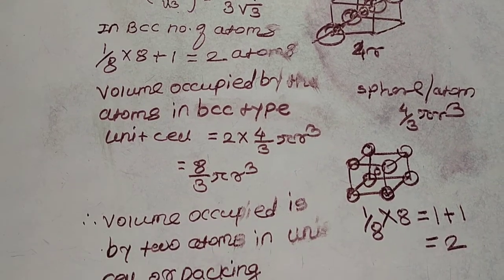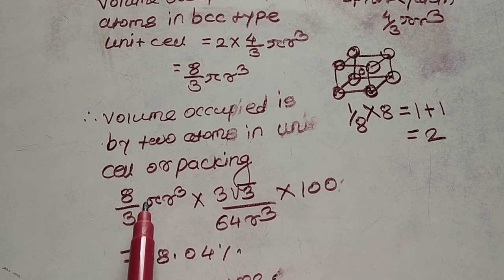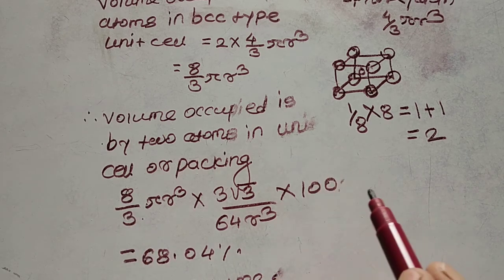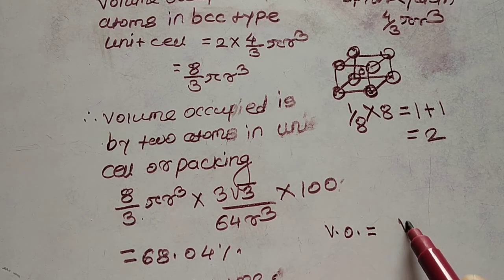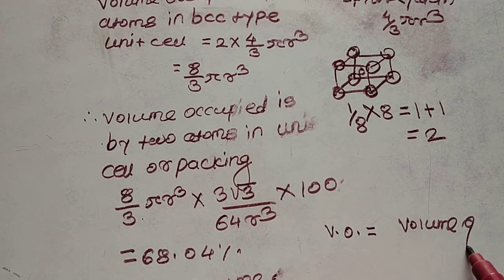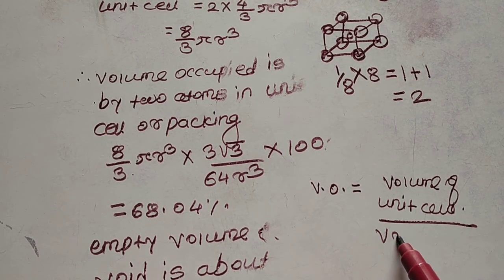Because you want to calculate the volume occupied by 2 atoms in the unit cell, or packing, you can simply use the formula: volume occupied by atoms in the unit cell divided by volume of the cube.